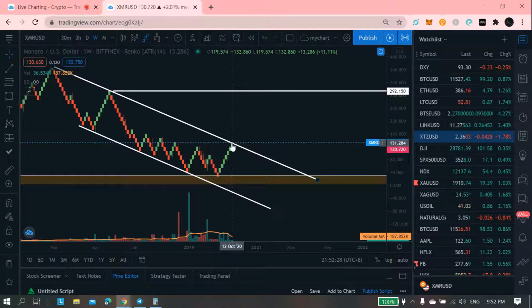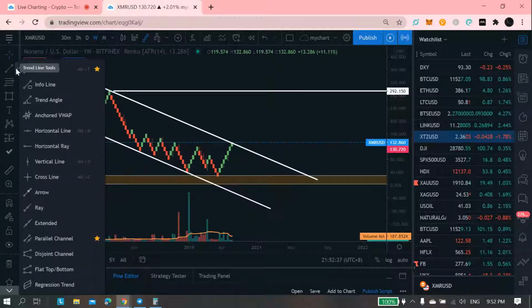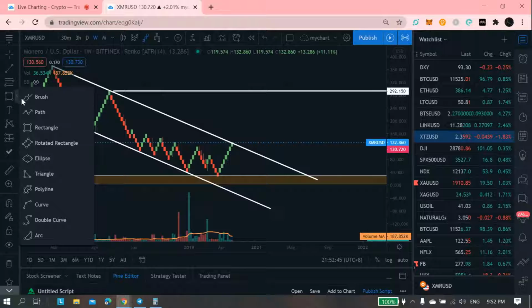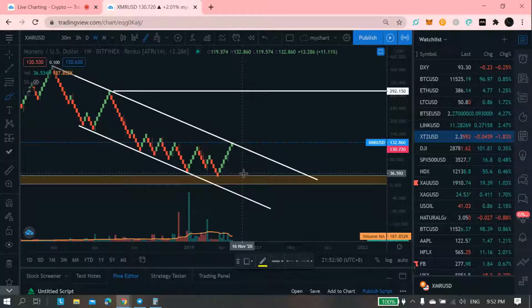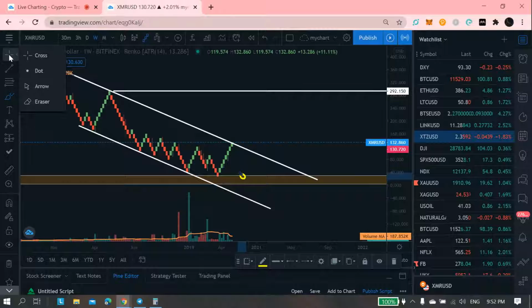I'll just wait for it to break this resistance area, or if it resists the resistance area, that could possibly retest this support area. So it's another wait and see mode for Monero or XMR.